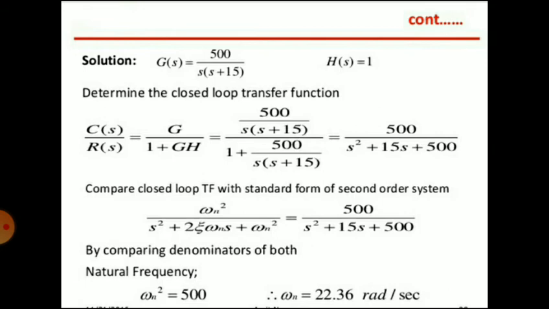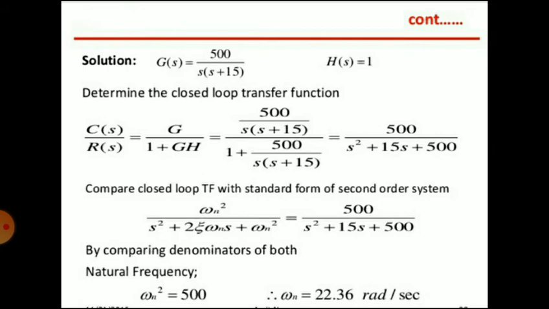Find out C(s) upon R(s) equal to G(s) upon 1 plus G(s)H(s), that is the standard formula. Put the values of G(s) and H(s) in this formula. You will get 500 upon s square plus 15s plus 15. That is the closed loop transfer function that we will get.